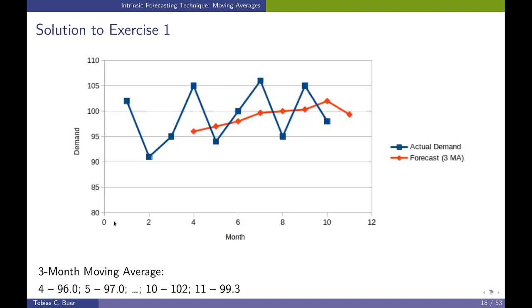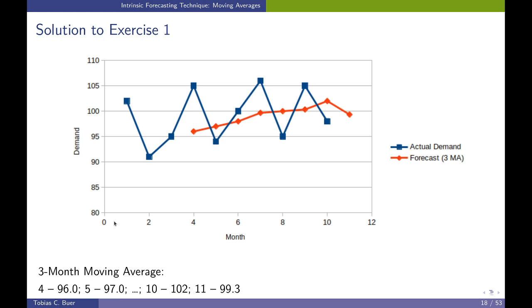And now when we include all these results, they are on the bottom of the slide and included in our drawing, you see that the actual demand has some kind of sawtooth pattern. It's going up and down, and there seems to be a slight trend that the demand overall is increasing.